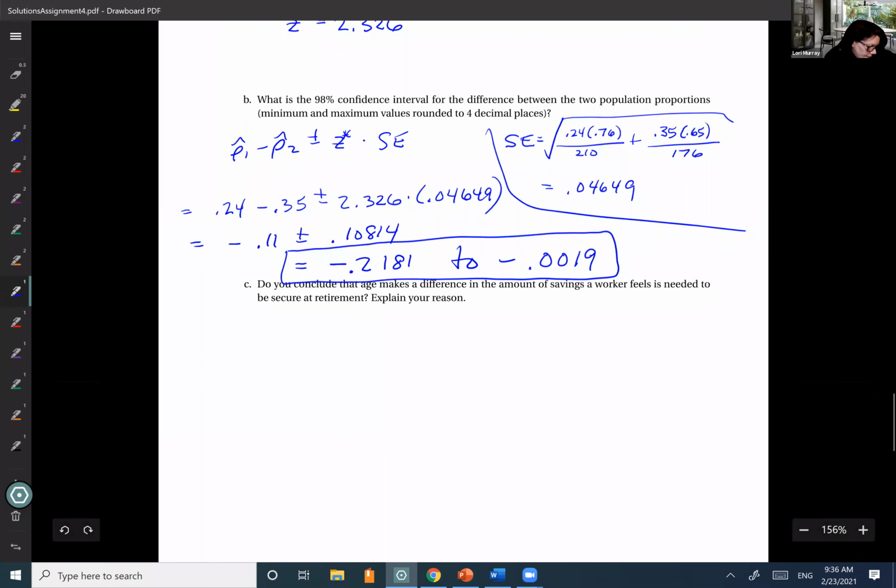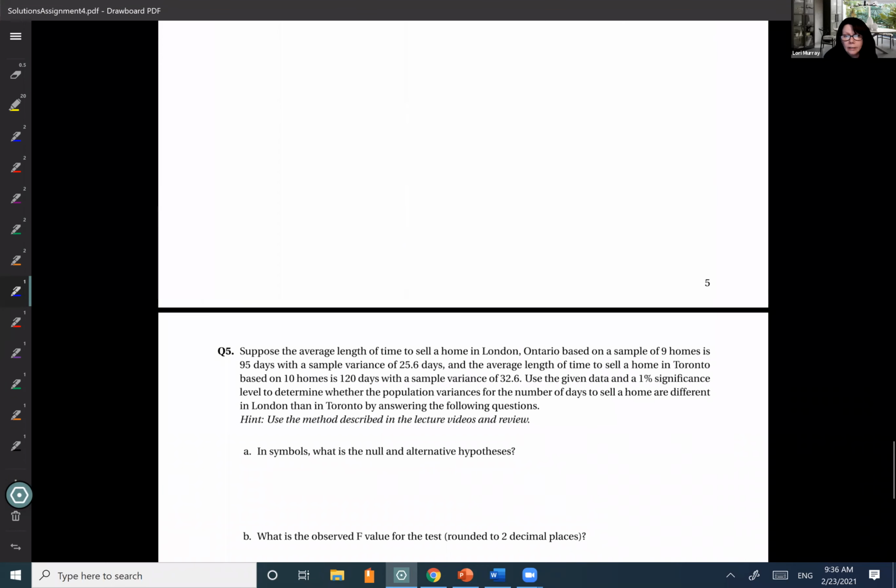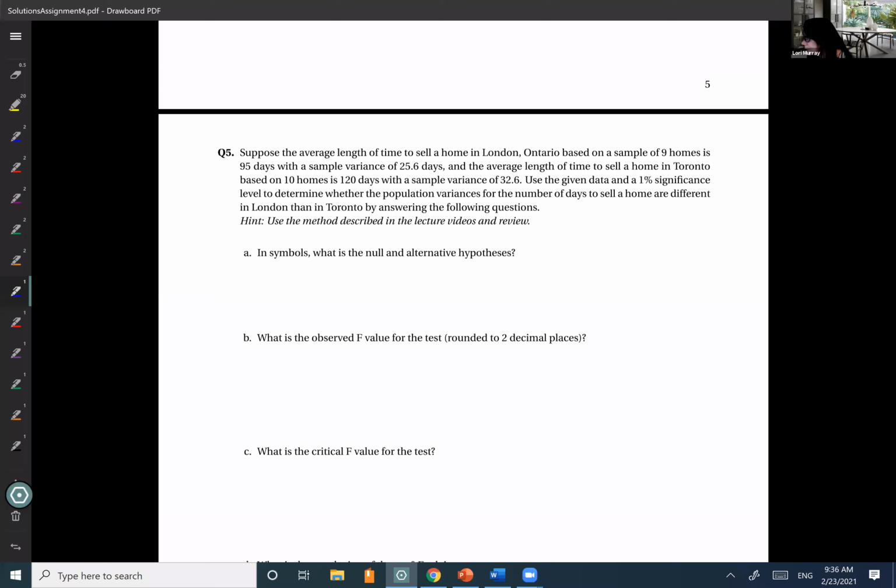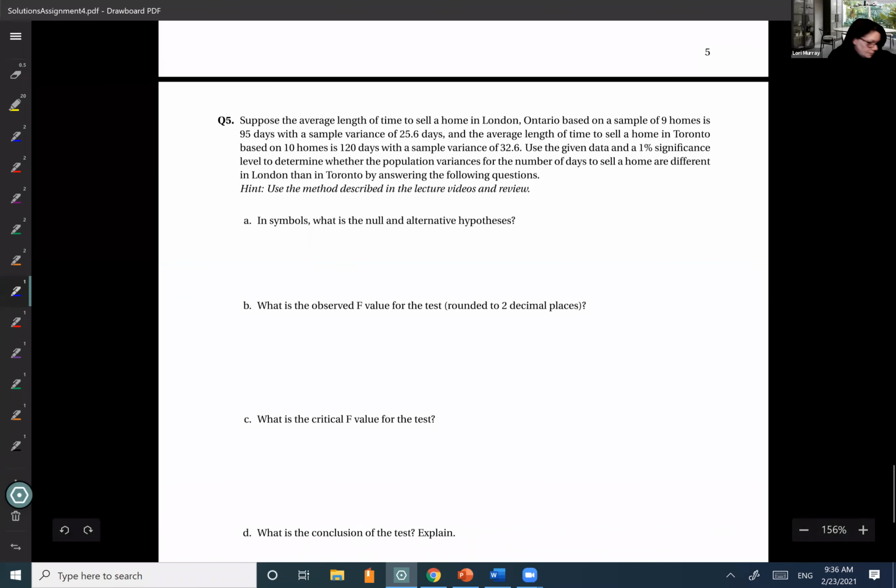All right. And finally, question 5, our last one here. It's pretty quick. Just going to go back to the last one. So we have here been given, so these tests are pretty quick, a lot quicker to do the variance test.